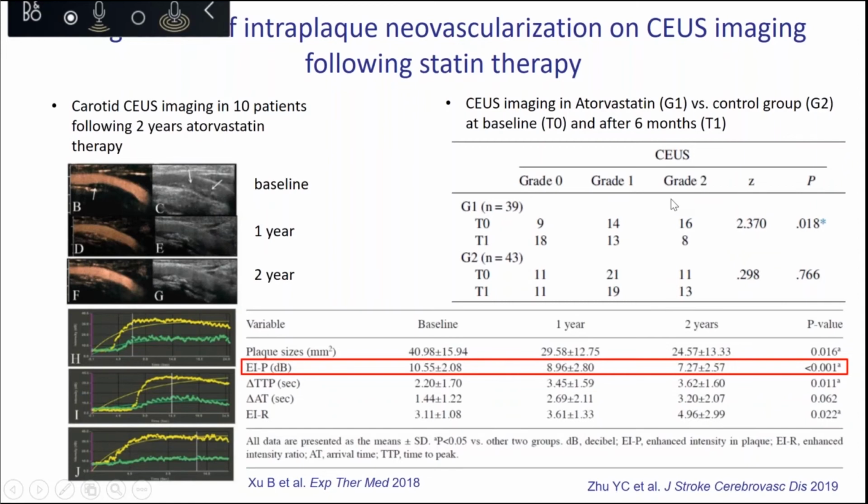If you look at the different vascularization grade groups, they go from more grade 2 to more grade 1 and 0, compared to the control group where there was not so much change over time.